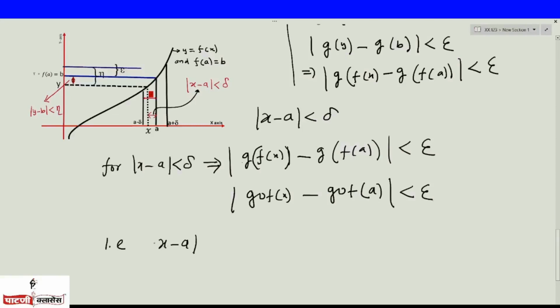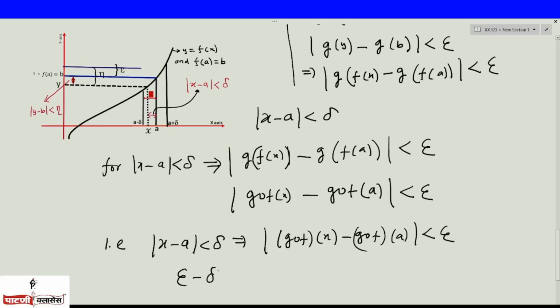That is, for modulus of x minus a less than delta, we have modulus of GOF of x minus GOF of a less than epsilon, where GOF is nothing but g of f of x. Here the epsilon delta criteria is satisfied.